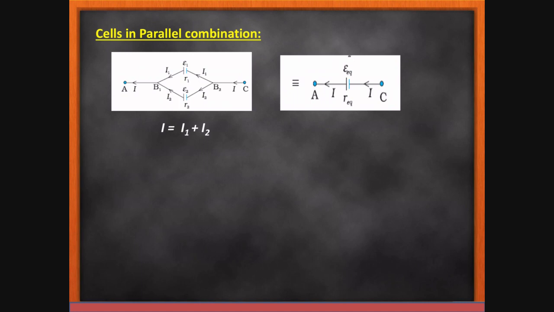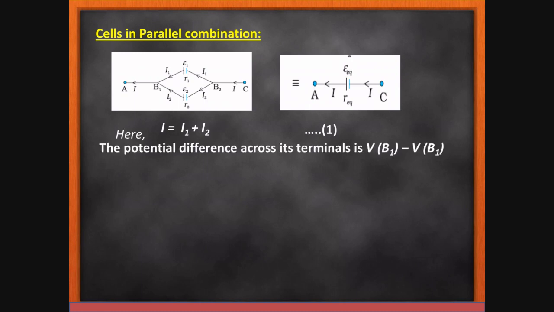In parallel combination we know I is equal to I1 plus I2 and the potential difference remains the same. Let the potential difference between points B1 and B2 be VB1 minus VB2.